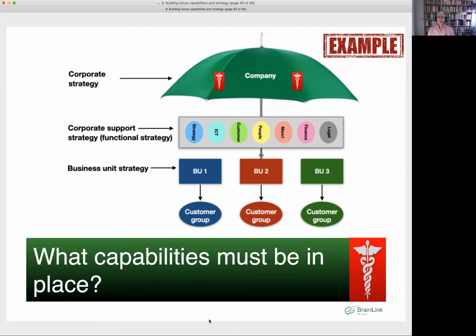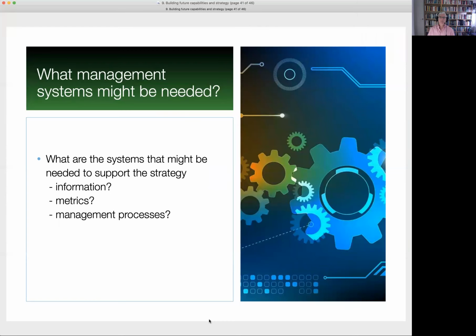So the capabilities then in place were separating corporate strategy from business unit strategy and having in place a shared service capability and abandoning the notion of one size fits all. And those were really important capabilities that they needed to put in place, which has effectively radically changed the way they think about their business and their company in terms of the way they're going to serve their markets.